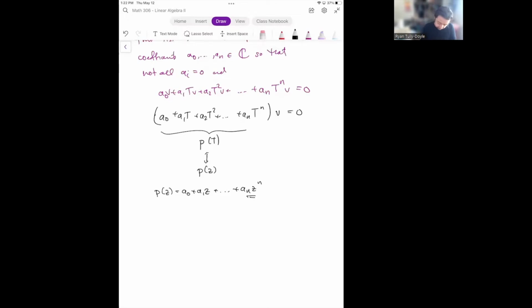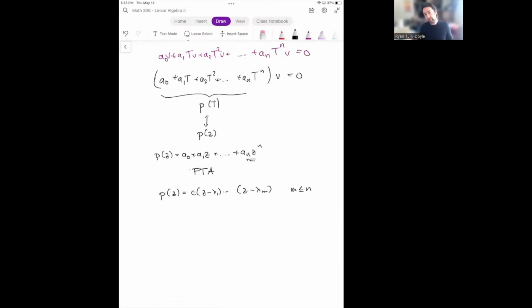So you'll see that right away, because what we're going to do is apply the fundamental theorem of algebra and rewrite p of z as a constant times z minus lambda 1 up to z minus lambda m, where m could be less than or equal to n. Because, again, I don't actually know if a n is 0 or not.